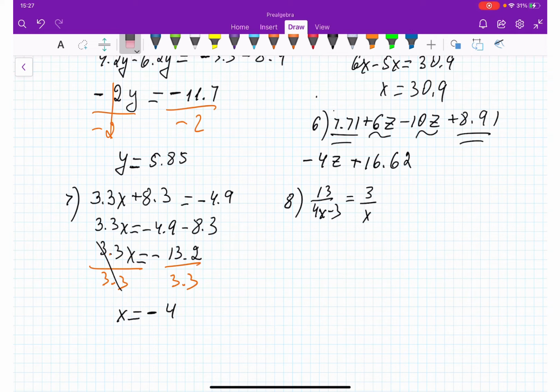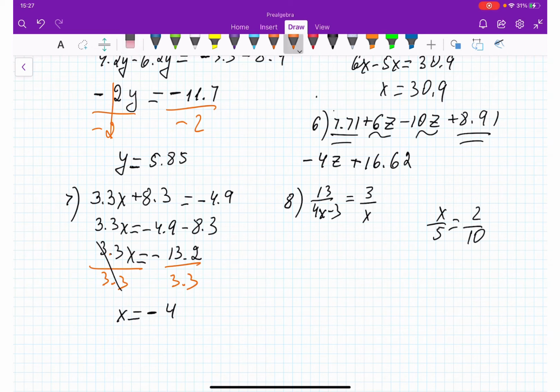Let's say if I would put plus 3 or minus 4x, then you can't treat it as a proportion. But because you have only two terms and both of them fractional, you can treat them as a proportion.